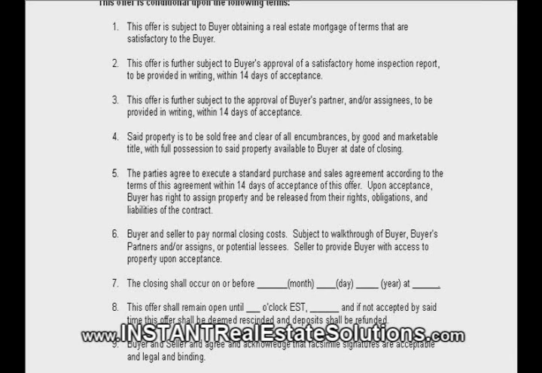Number 9, buyer and seller agree and acknowledge that facsimile signatures are acceptable and legal and binding. Now, in this day and age, we're moving toward the internet, and a lot of transactions are getting done over the internet and scanning faxes, whatnot.